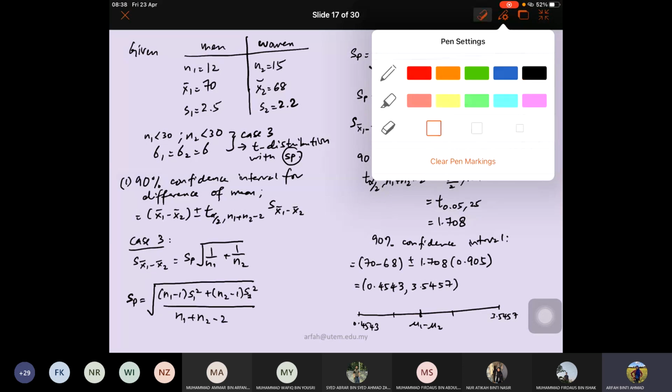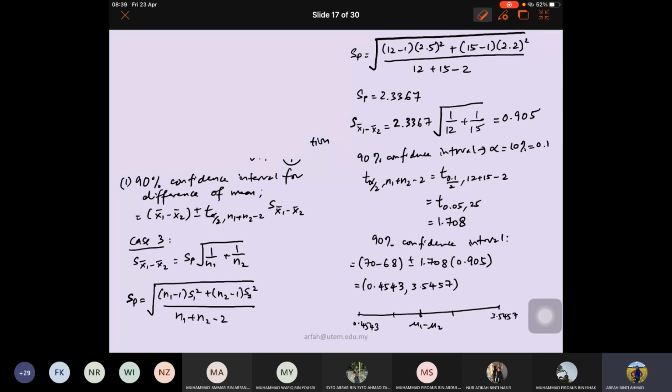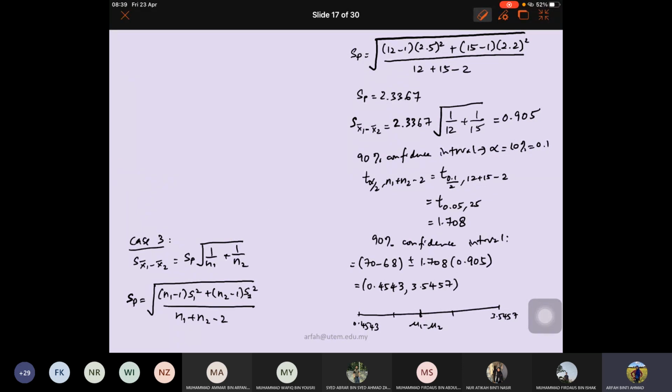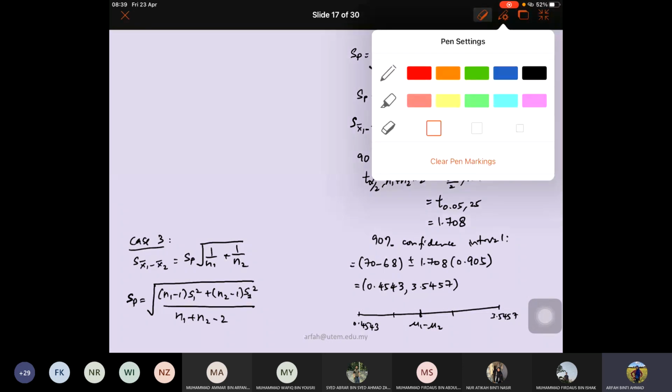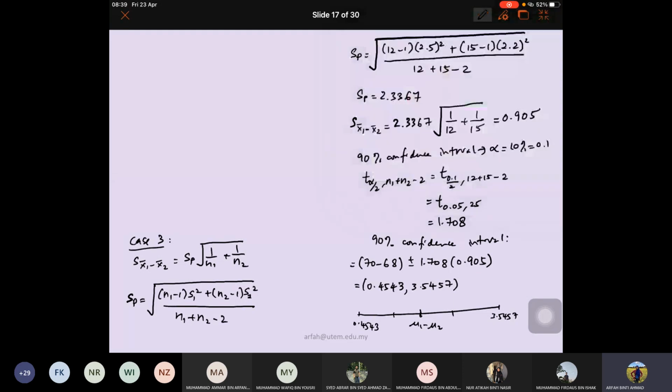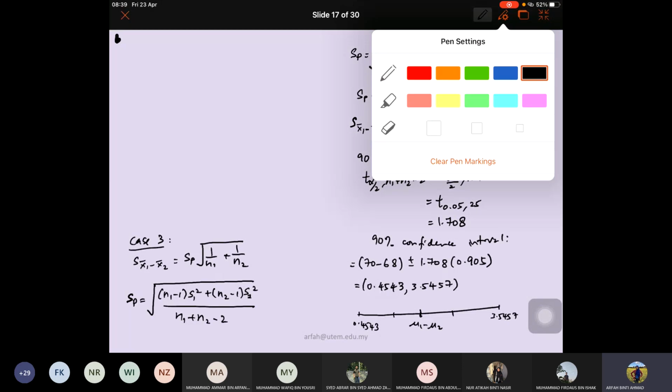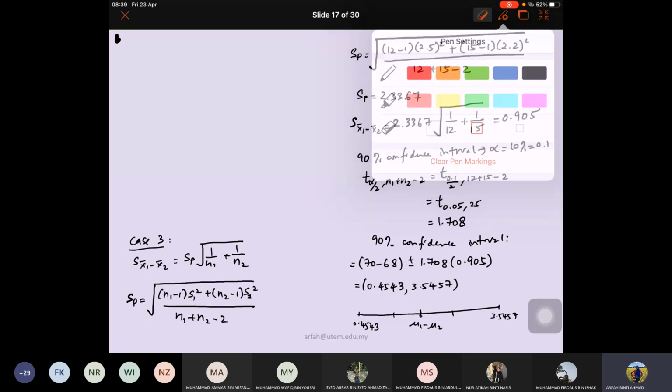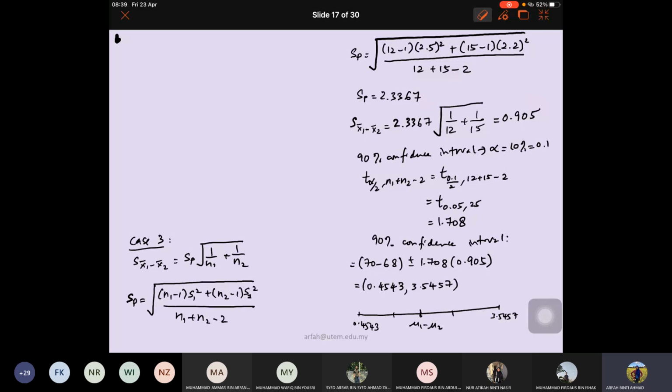So dia kata betul ke kereta driven by all men lebih laju, mean speed dia greater than woman. So how we want to write the hypothesis statement? H null and H1.